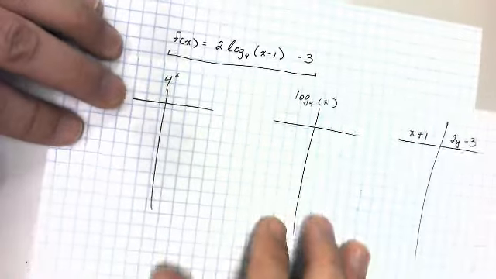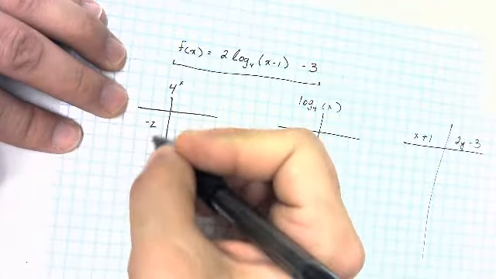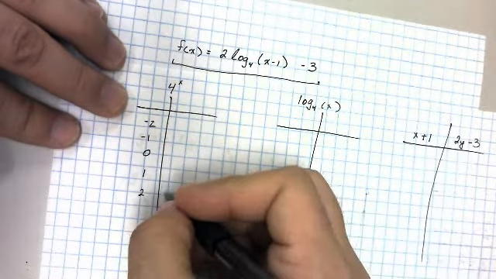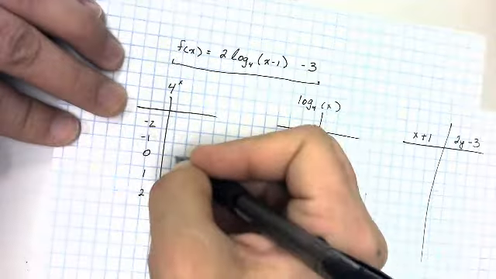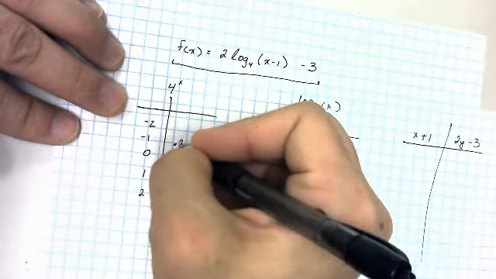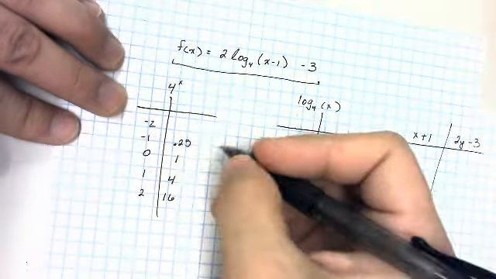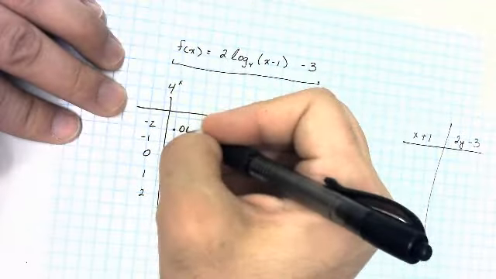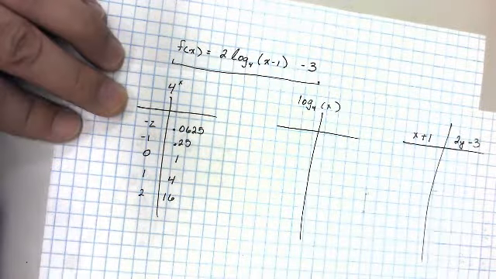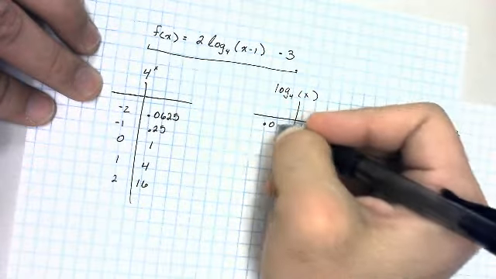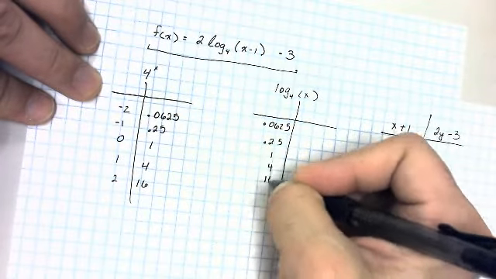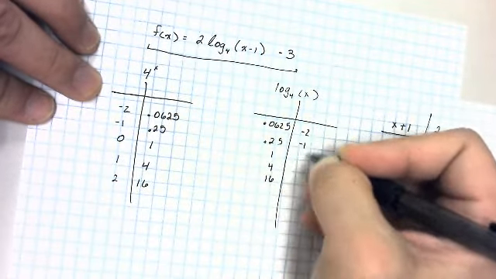So with 4 to the x, I'm plugging in negative 2, negative 1, 0, 1, and 2. And I know that negative 2 gives 0.0625, negative 1 gives 0.25, 0 gives 1, 1 gives 4, and 2 gives 16. So those are my original x's and y's. Going to flip them: 0.0625, 0.25, 1, 4, and 16, my x's will become my y's.